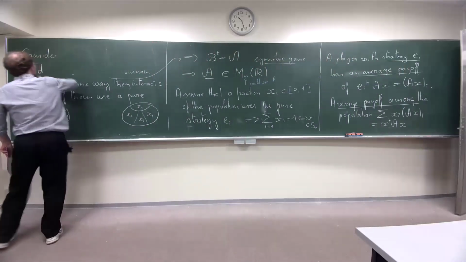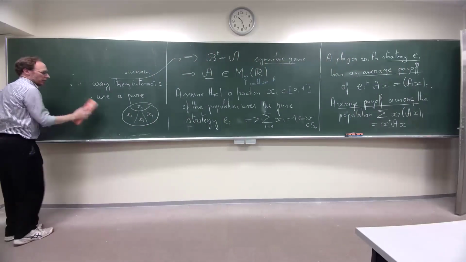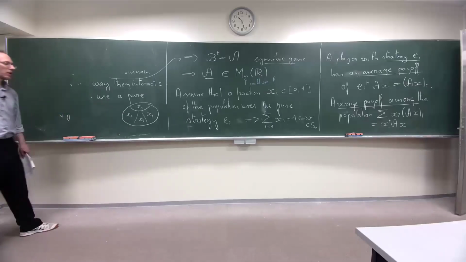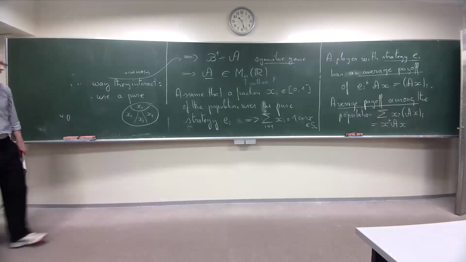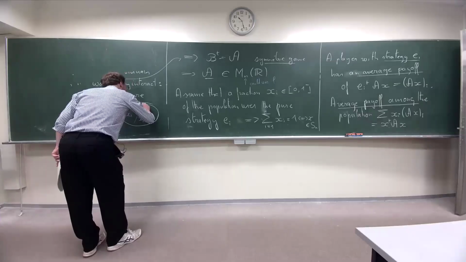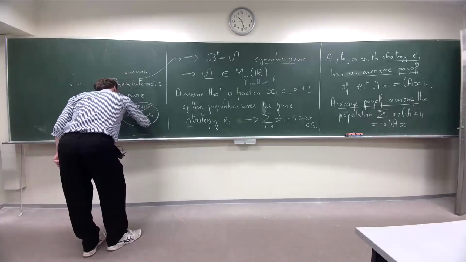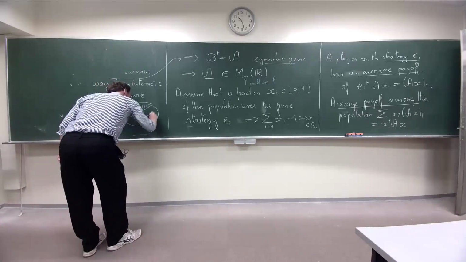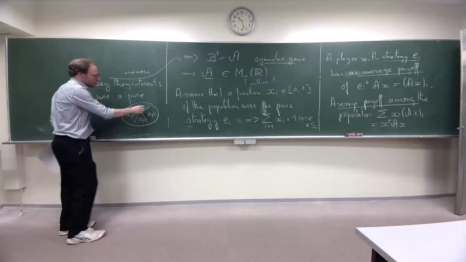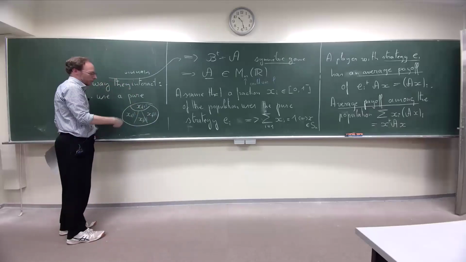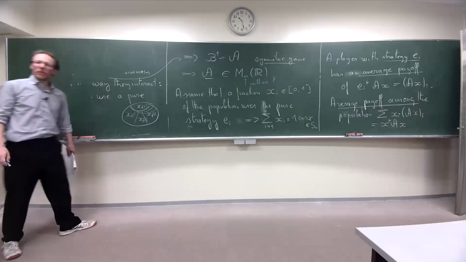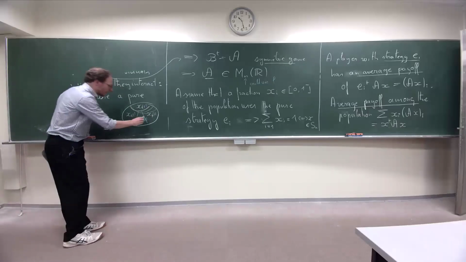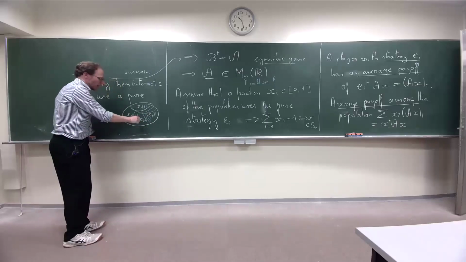Okay, so now I need to add the time dependence, because look at this picture. Suppose at the beginning we have this distribution of the population, then this can depend on t, which means that when t becomes bigger, maybe the proportion of x1 will become bigger, the proportion of x4 will become smaller, and so on.